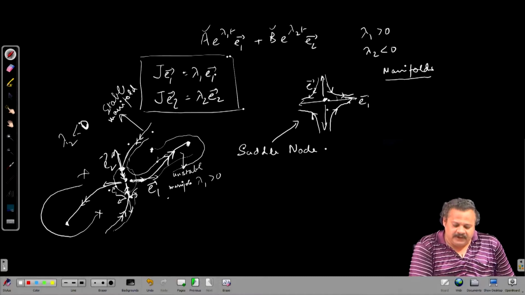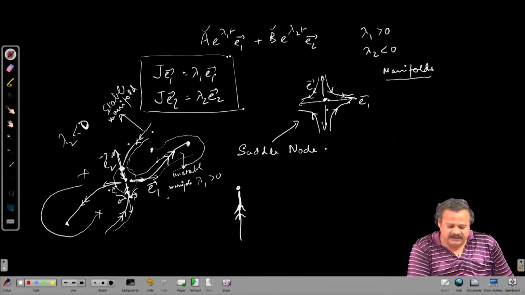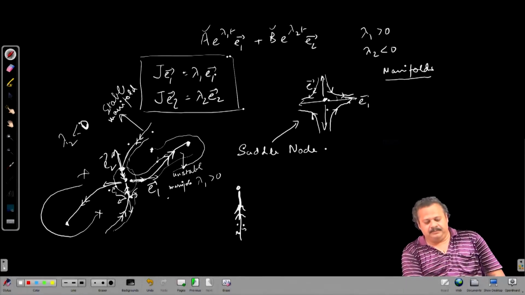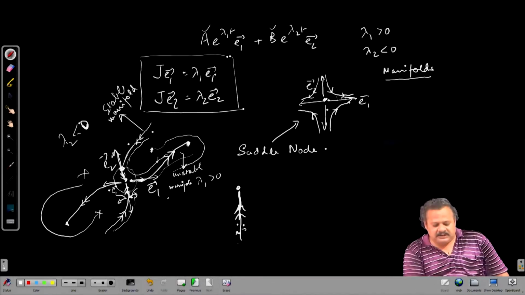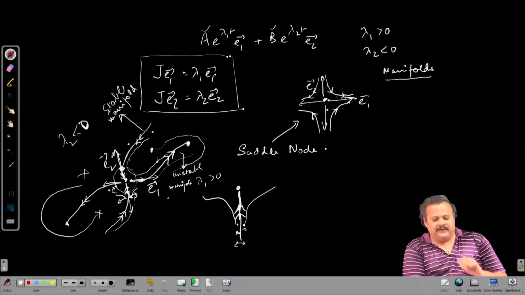So, if we have a stable manifold going into a saddle node, and I start the system infinitesimally to one side or infinitesimally to the opposite side, they are extremely close initial conditions, yet their behavior will be entirely different.